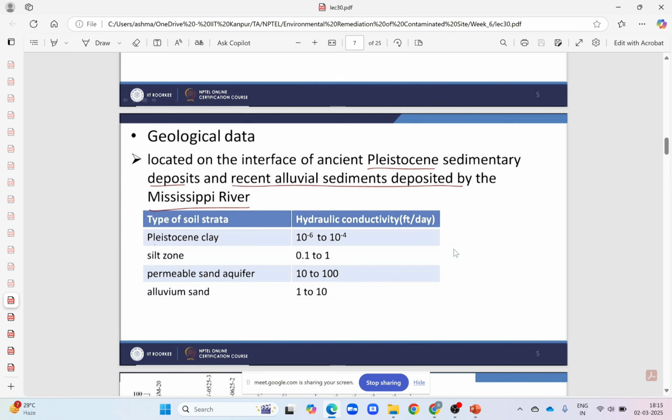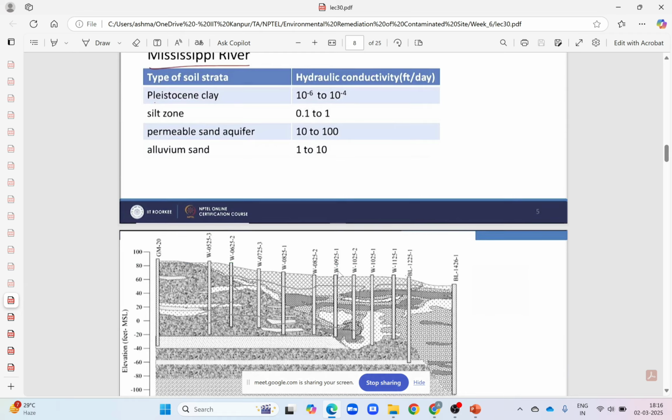The contaminated site was mainly clay, but near to that site there is a river, and in rivers the type of soil is nearly silty soil, so the porosity will be much higher, and since it is a river, it will have some alluvial sand which will have very high hydraulic conductivity.